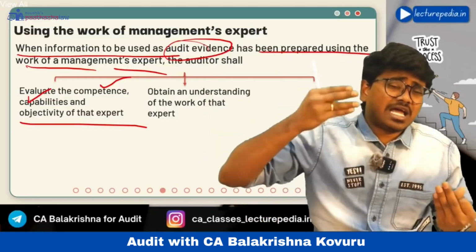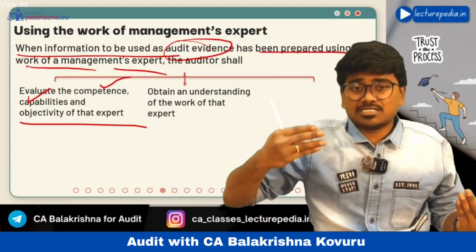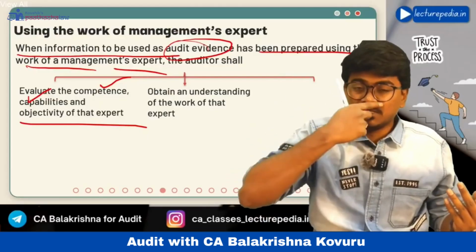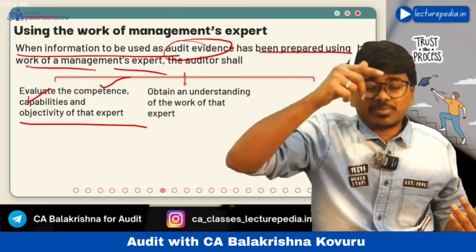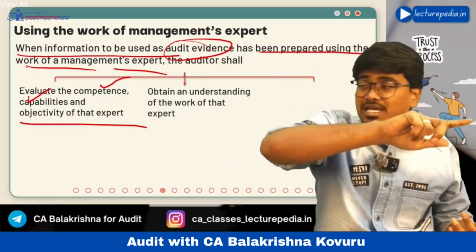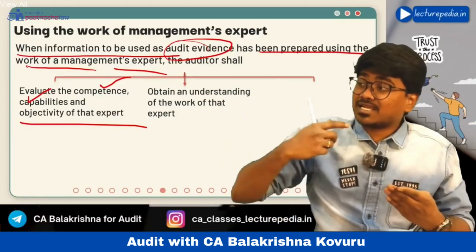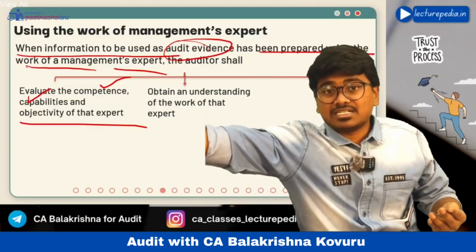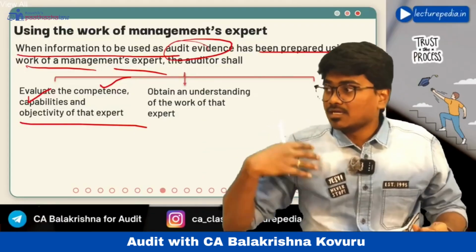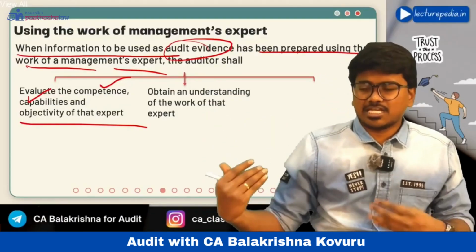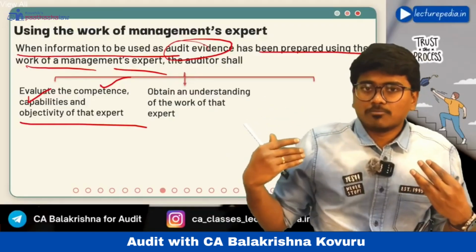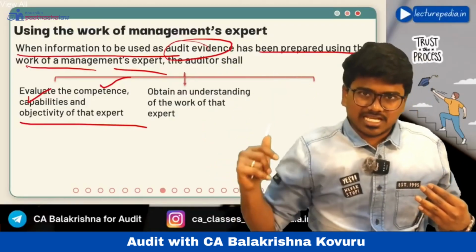If the auditor does not have previous experience, the auditor can discuss with those persons who have experience with the work of that expert. Next, the auditor can directly discuss with that expert, right? By talking, by discussing with the expert, you will come to know about the level of knowledge of that expert.